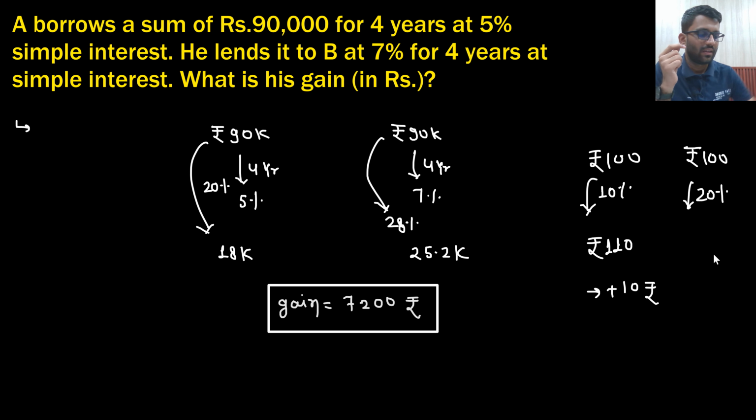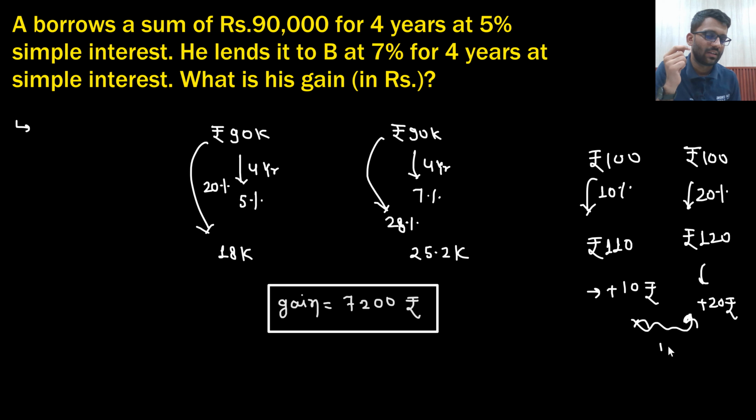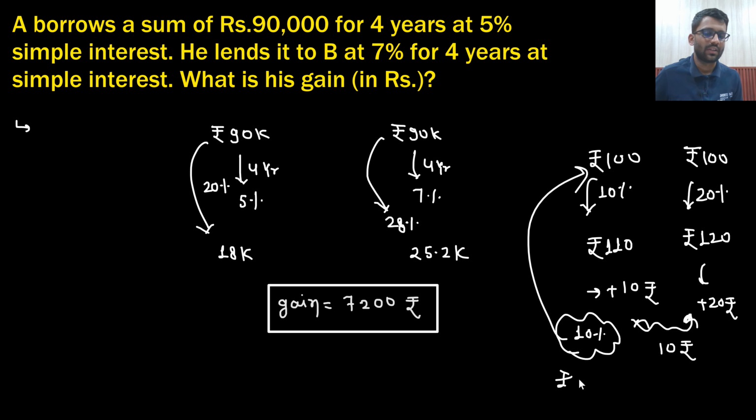So he will give me 120 rupees, that means interest of 20 rupees. So what did I make here? I made 10 rupees here, or 10% of 100, because 10% I was paying, 20% I was getting. So that was 10 rupees only.